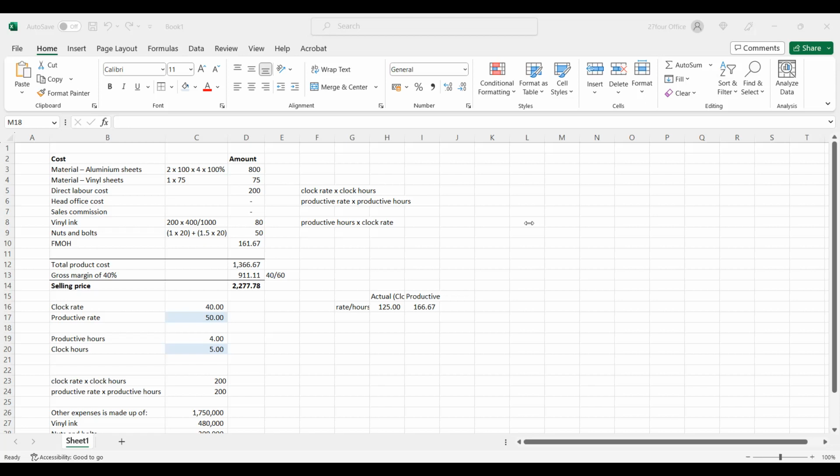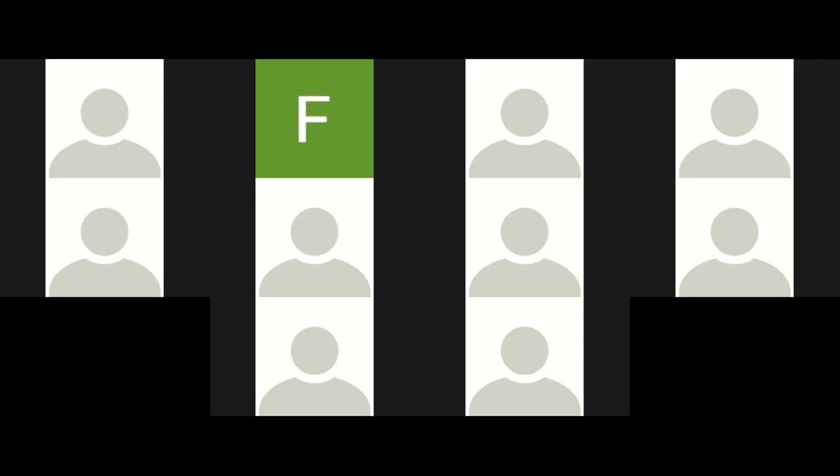Our sales amount that we used on part A, we reduced that by 10%, so we multiplied it by 90% to get our new selling price. Our selling units we had budgeted was 6,000, but that increased by 19%. So we multiplied that by 1.19 and got a new selling unit.